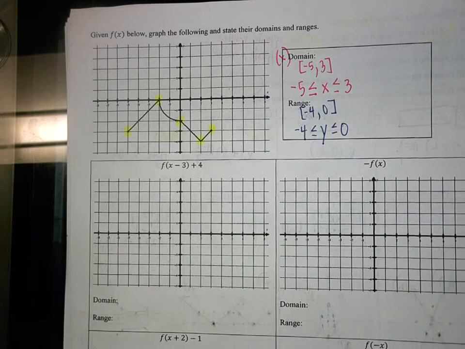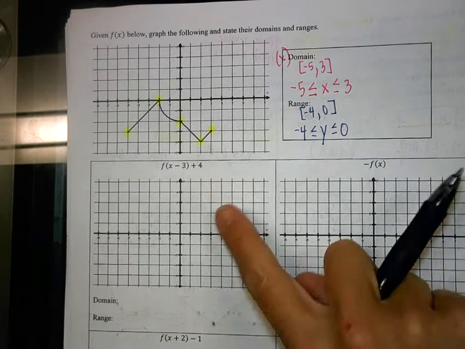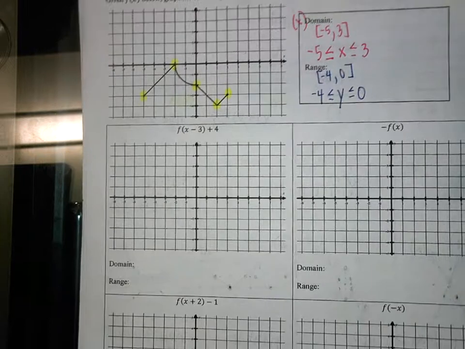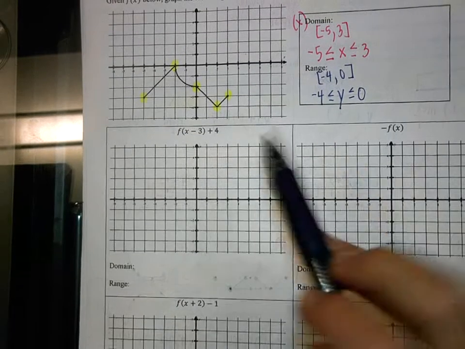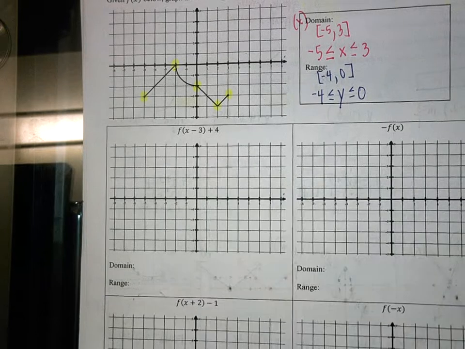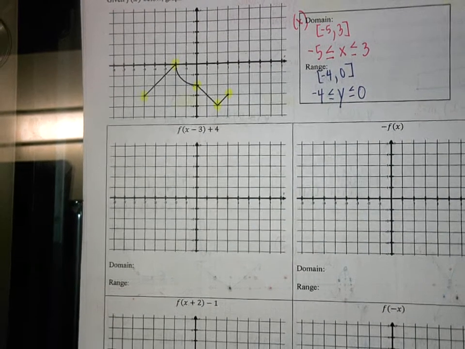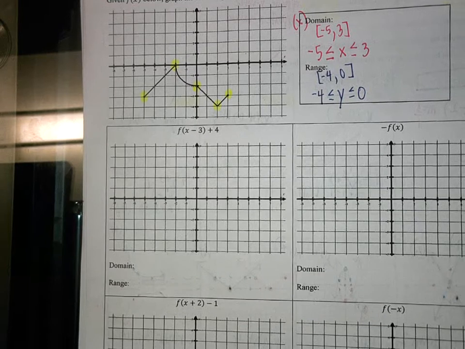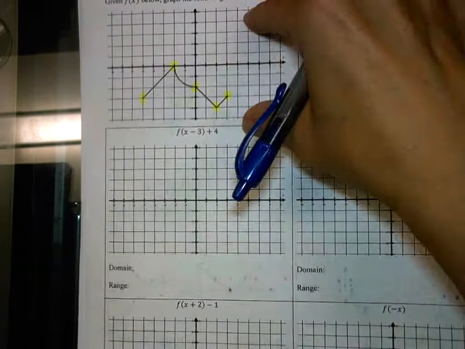Any questions? Okay. This right here, this next box down, is saying f of x minus 3 plus 4. What do you think that is telling us to do? To graph it. This is our f of x function.